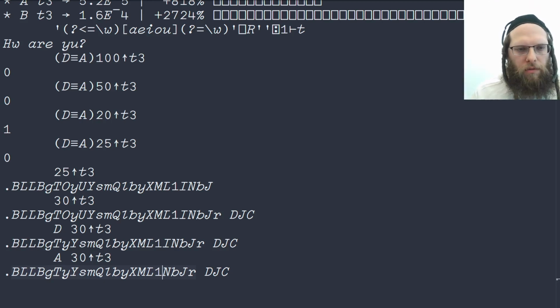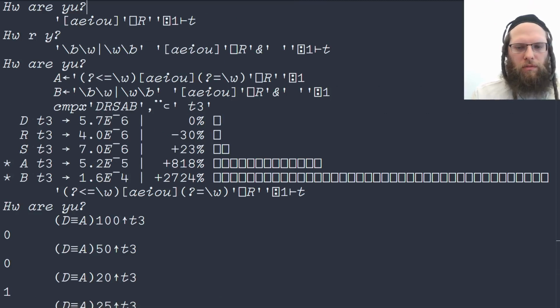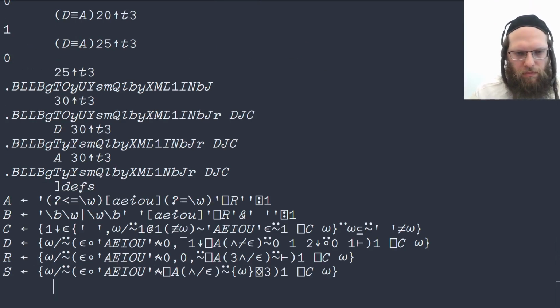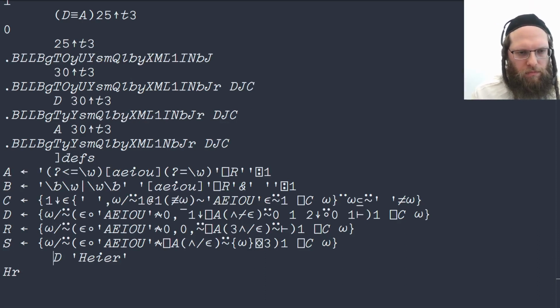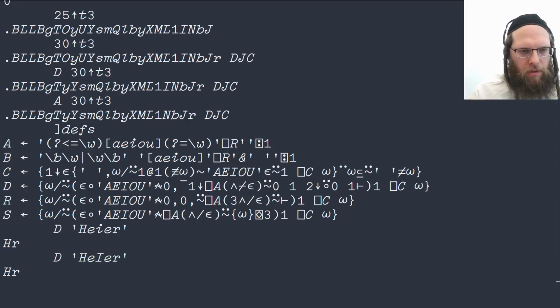Oh, did I simply forget an I? D didn't remove the I. That's interesting. This I doesn't get removed, but we clearly have an I here. Uppercase I gets removed.